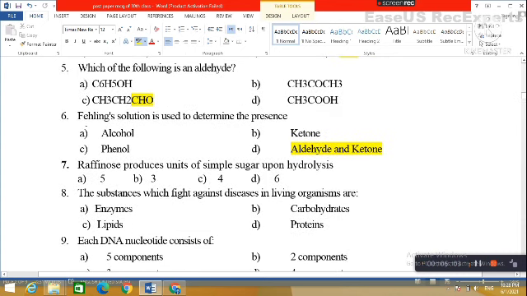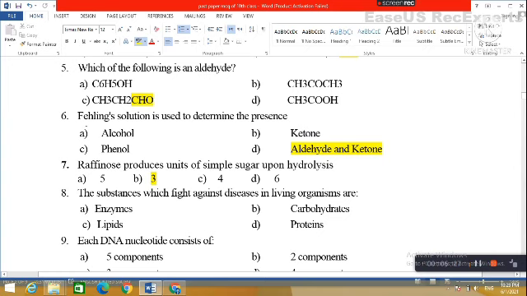Raffinose produces how many units of simple sugar upon hydrolysis? Raffinose is an 18 carbon compound which upon hydrolysis will yield 3 simple units, each having 6 carbon atoms. Option A 5, option B 3, option C 4, option D 6. So the right option is option B.